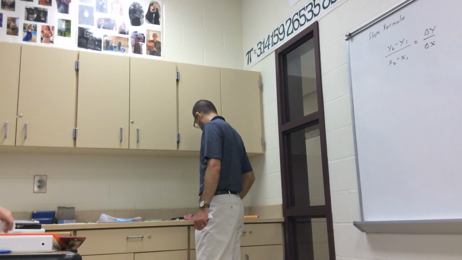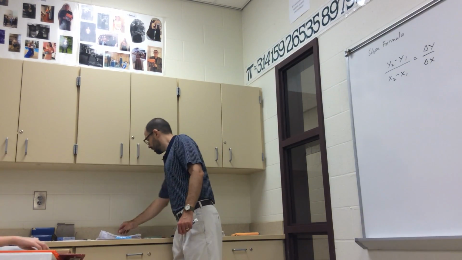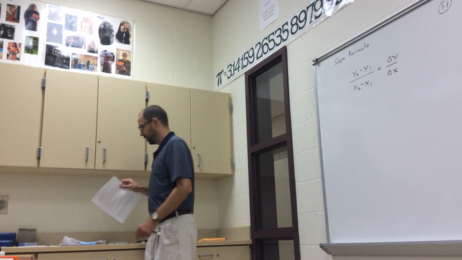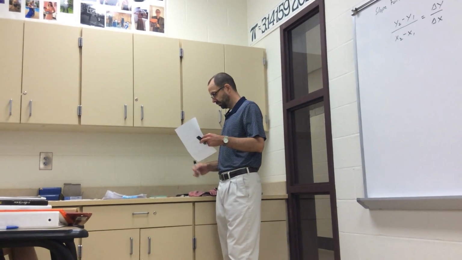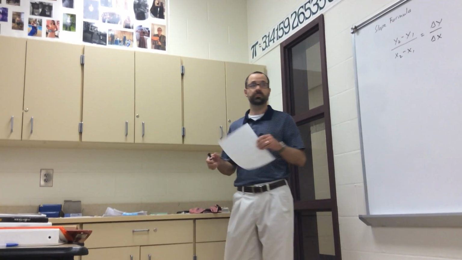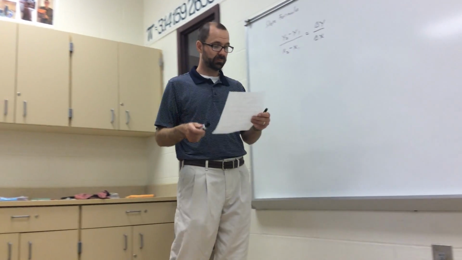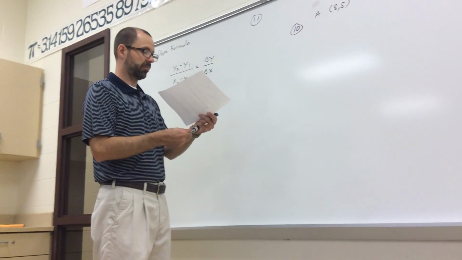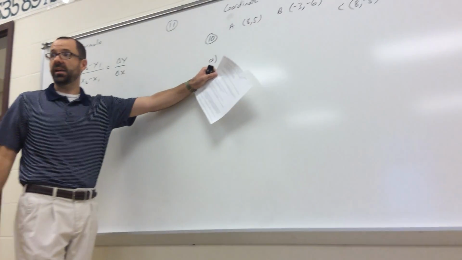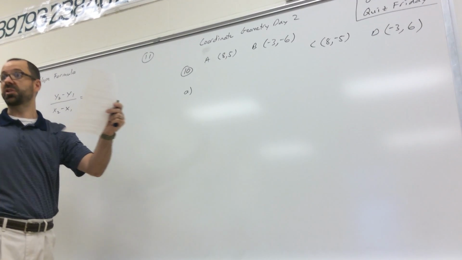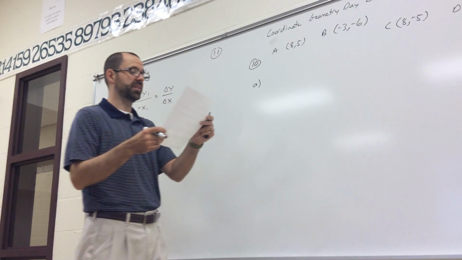So just write down the title and your name. And we're starting with number 10. And I'm going to start with part A. And this is the question. You still don't have to write this down.